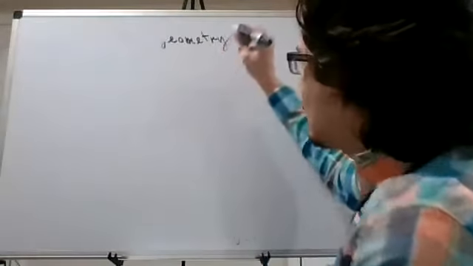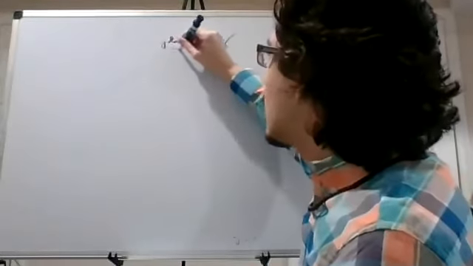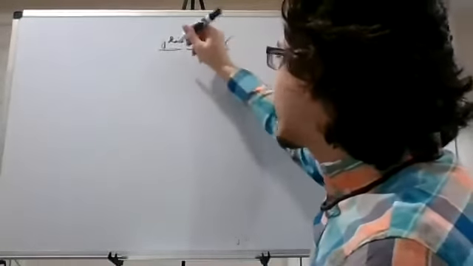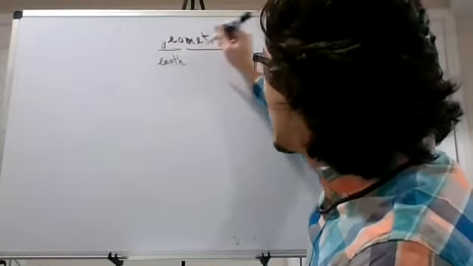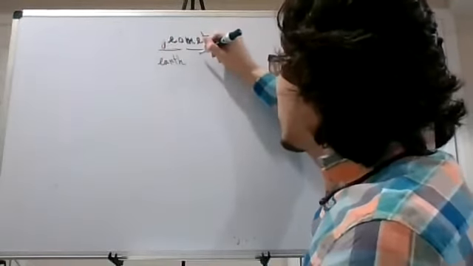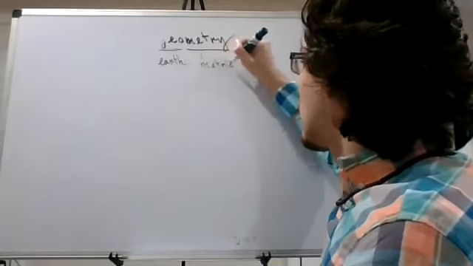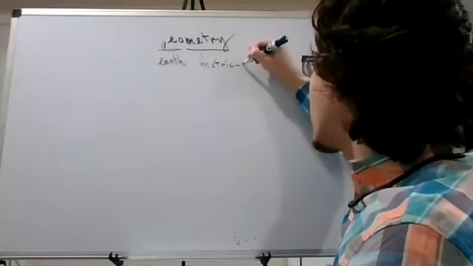So with geometry, just as a very quick instruction, we have the prefix geo, meaning earth, and metry to relate to the word metric, which is essentially measurement.